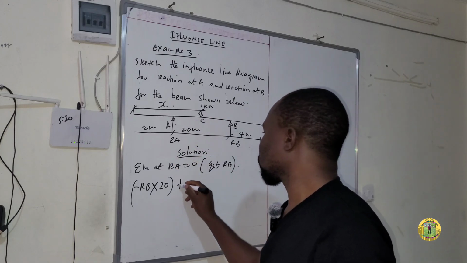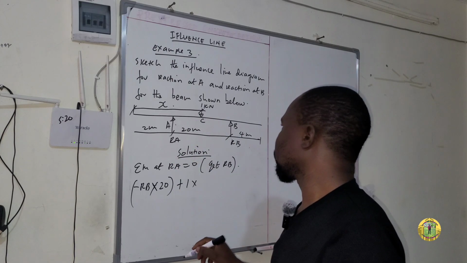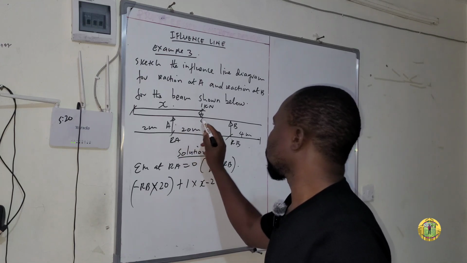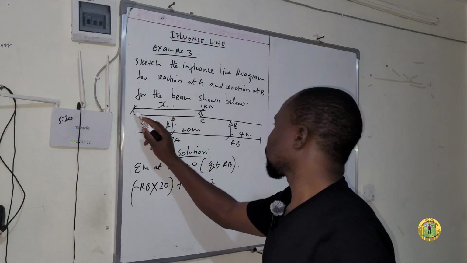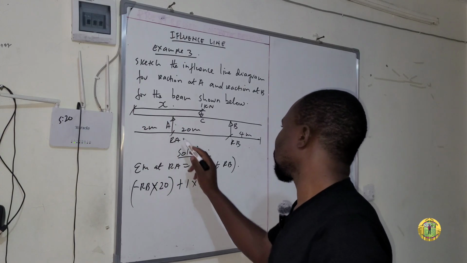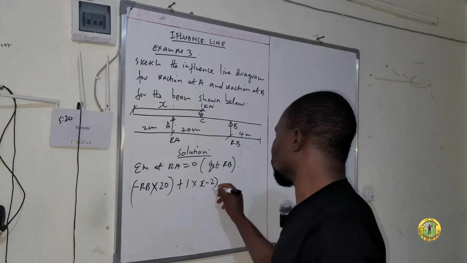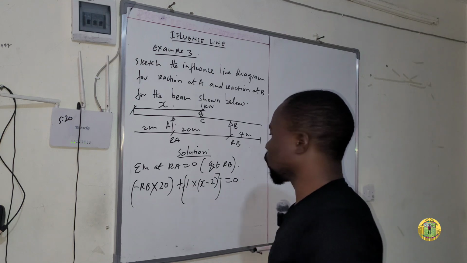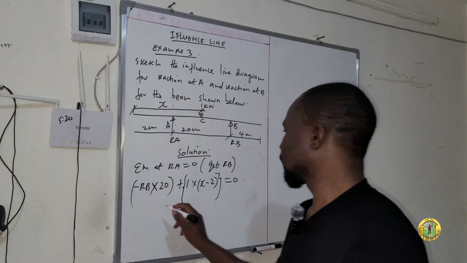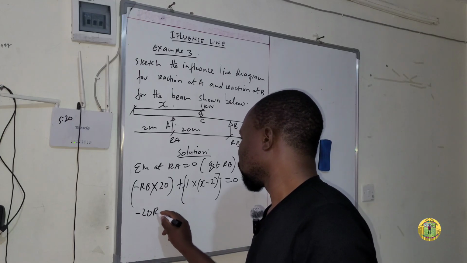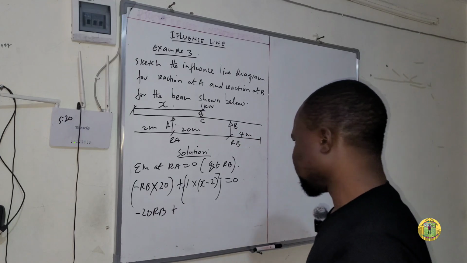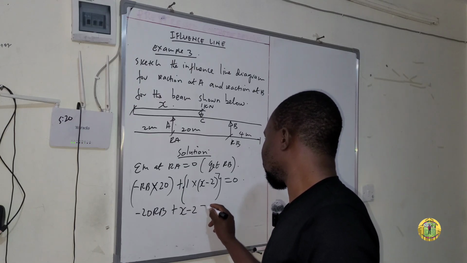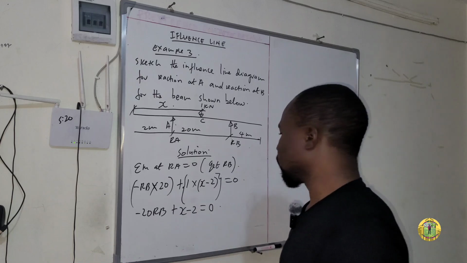This is clockwise, plus 1 times the distance, which is x minus 2. From here to here is this distance x minus 2. So it's equal to 0. Let's open the bracket. Minus 20 RB plus x minus 2 is equal to 0.